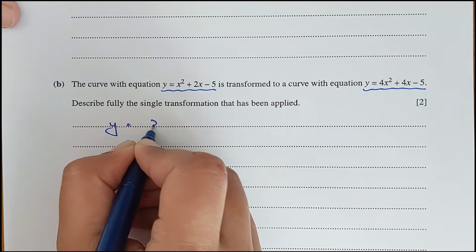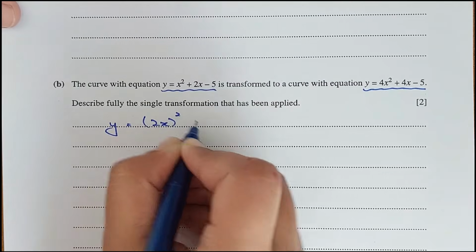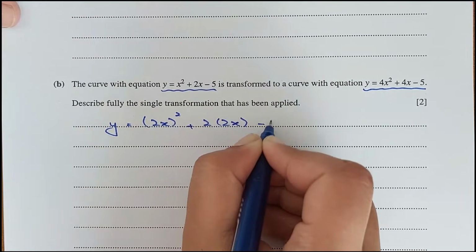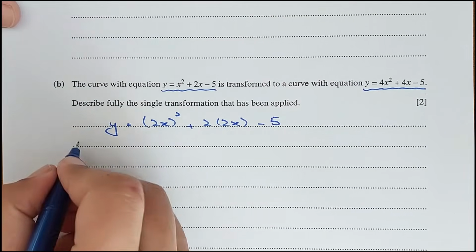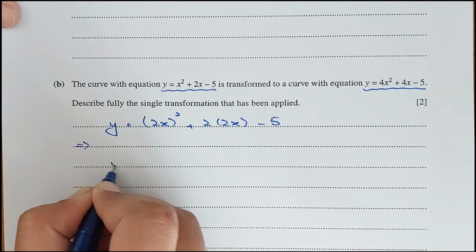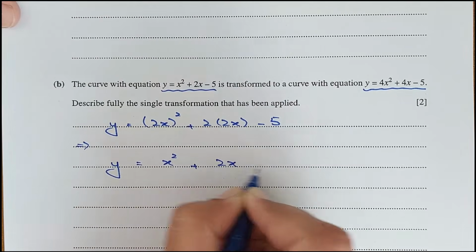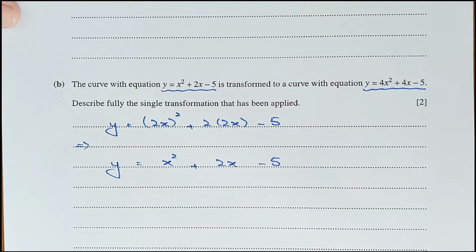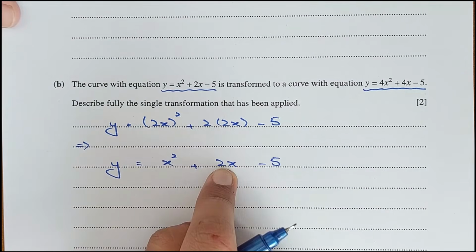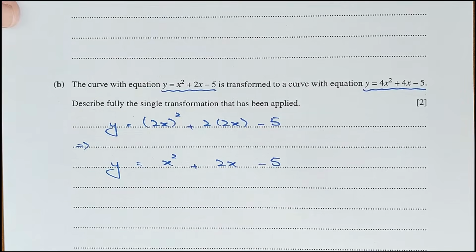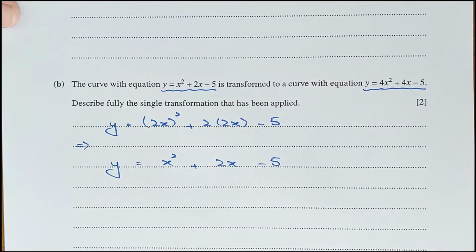One is y equals (2x) squared plus 2 times 2x and minus 5. So if I compare with the given one, which is y equals x squared plus 2x minus 5, right? So it means with 2x, we have to multiply by 2. So x is being multiplied by 2, right?